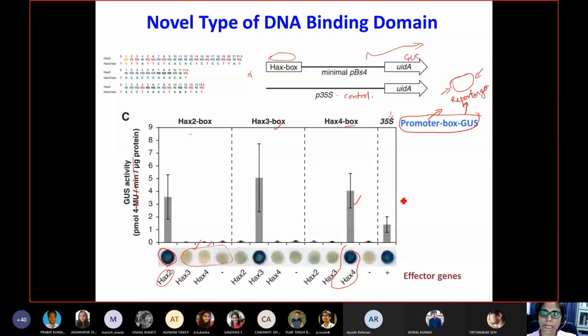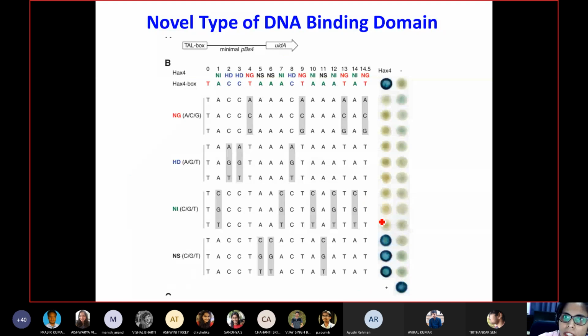This kind of assay proved that you have direct binding to that promoter region, and specificity is created by that. Okay. Now, which of the base pairs is important for the 12th and 13th residues? The 12th and 13th make these di-repeats, as you can see here. For each repeat, only the di-amino acid is shown.